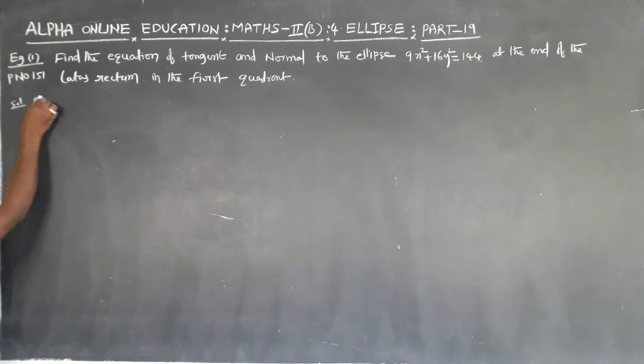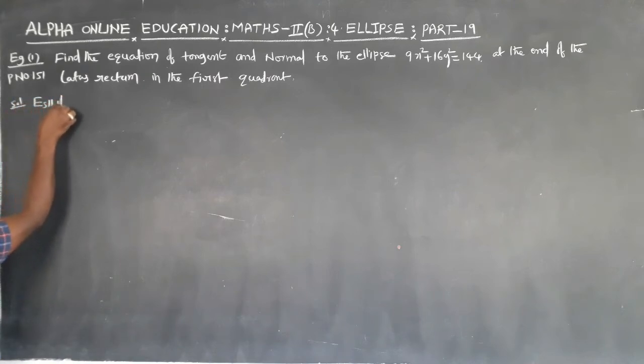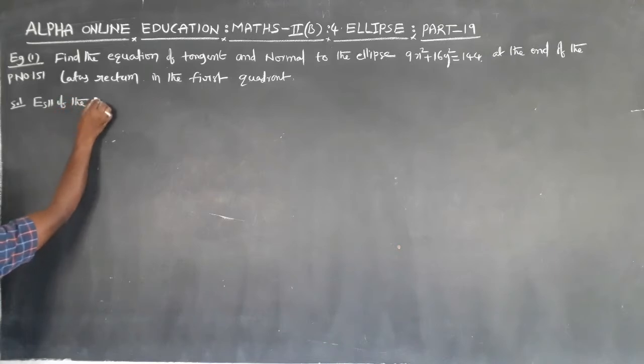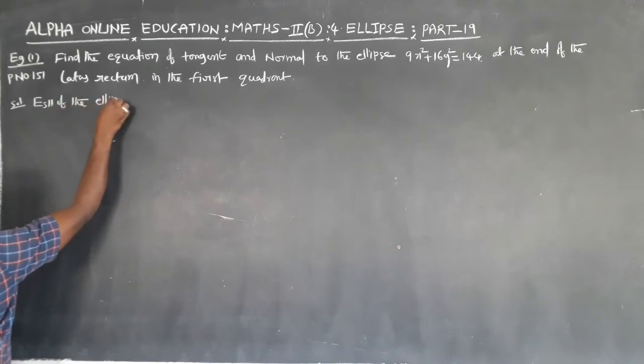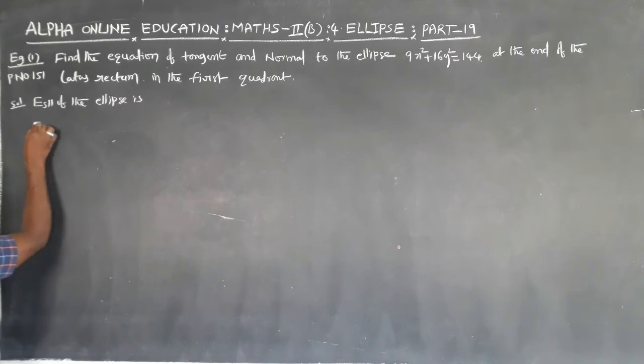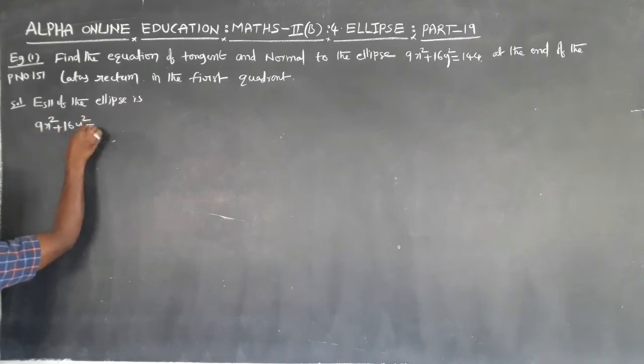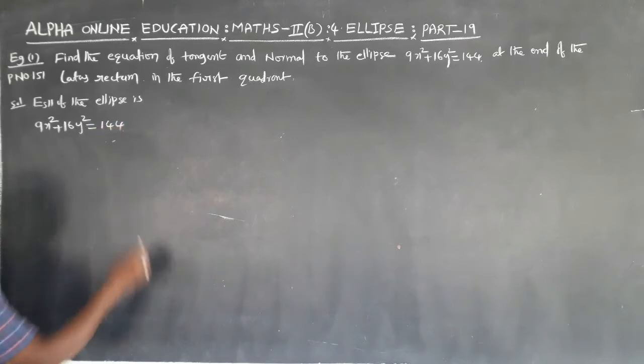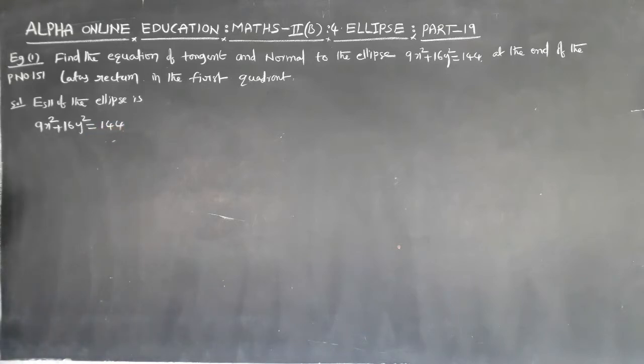Here the equation of the ellipse is 9x square plus 16y square is equal to 144. The given ellipse is transformed or reduced into general form.